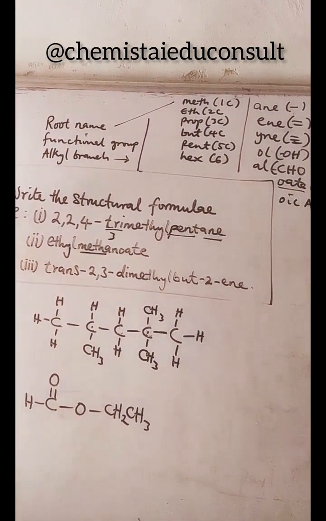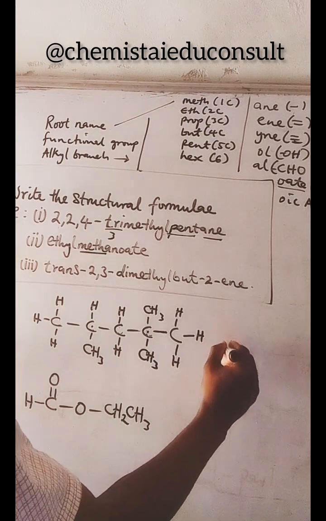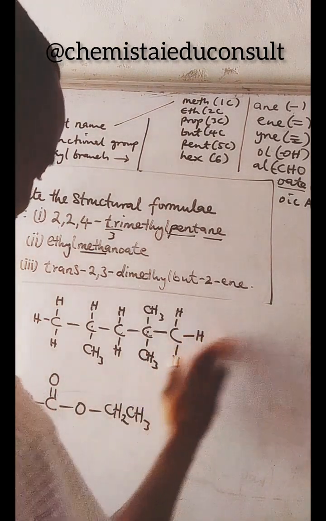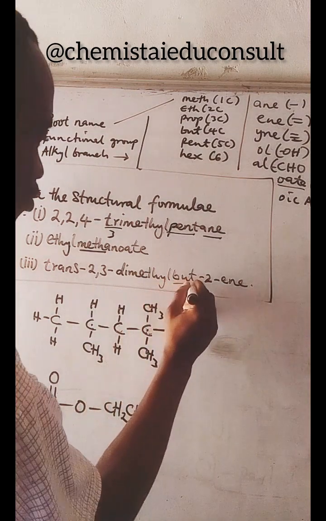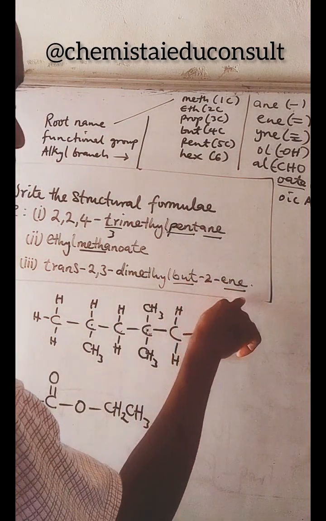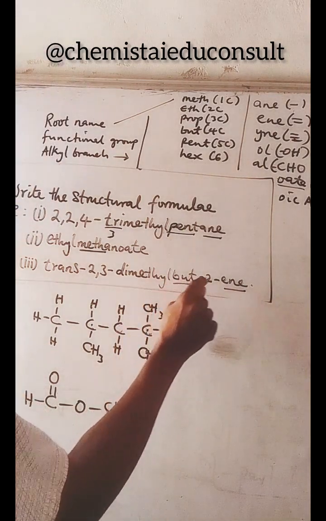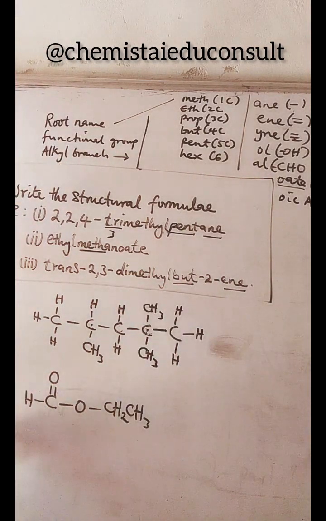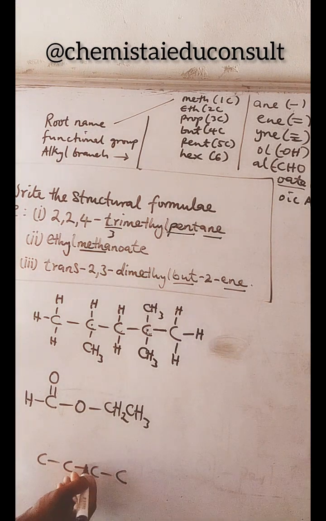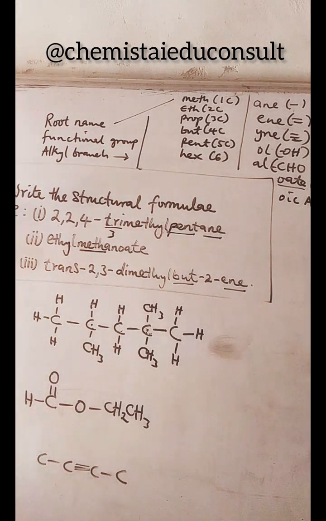The next is III. Let me draw it here. But in 4 carbon atoms having a double bond at the second carbon, that is but-2-ene. So we write 4 carbon atoms, and at the second carbon you have a double bond, but-2-ene.